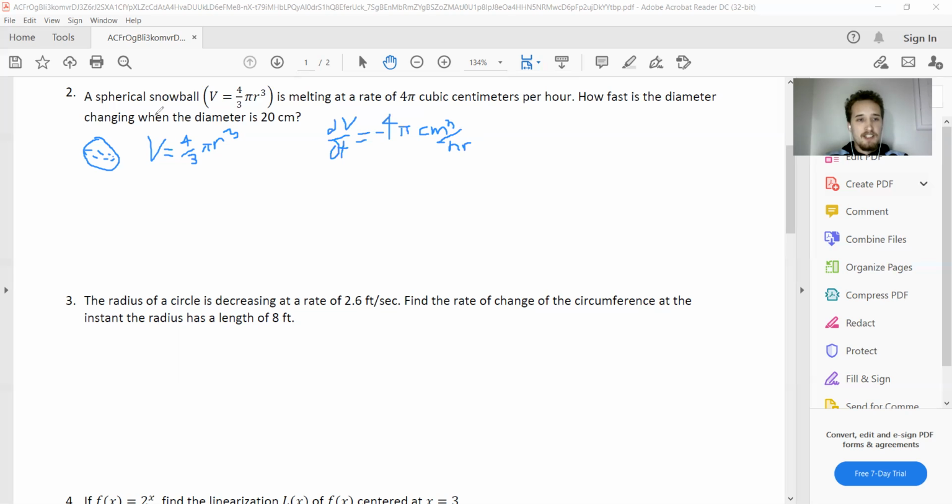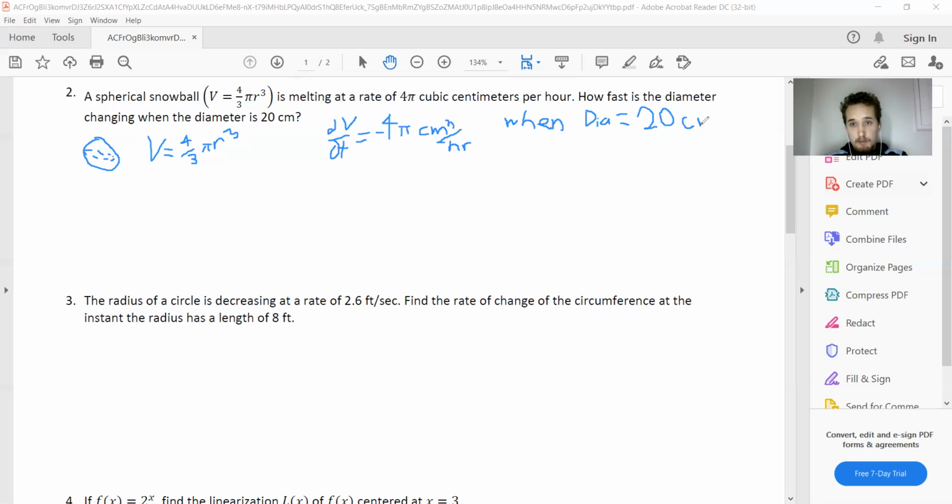So how fast is the diameter changing when the diameter is 20? So when the diameter is 20 centimeters, you might be thinking, wait, diameter's not in the formula.